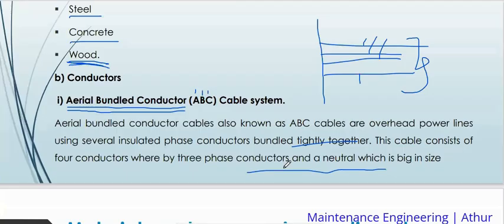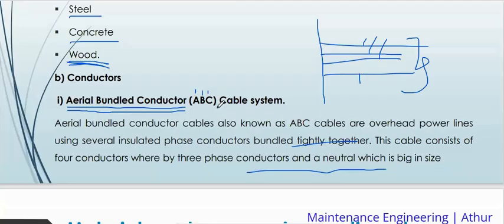You find like N, then you find like live. When you are working on the structure, aerial bundled conductors, you should actually after here go and search about them.